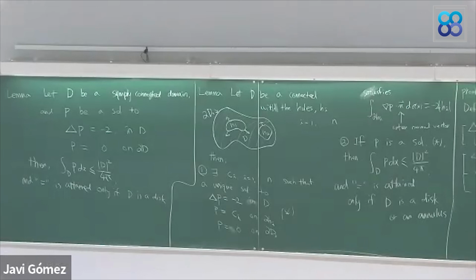We have that the integral on the boundary of Hj of the gradient of U times n dsigma, plus the summation from i equals 1 to n of Ci times the integral over the boundary of Hj of the gradient of Vi times n dsigma, and we want this to be -2 times the area of Hj.